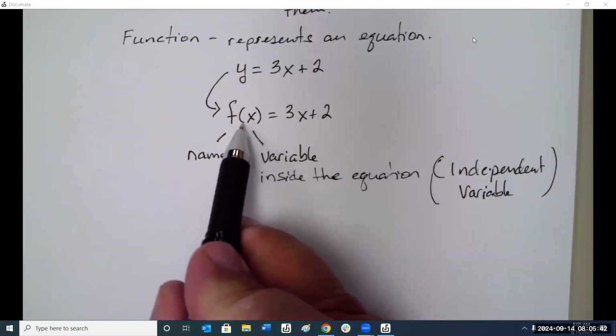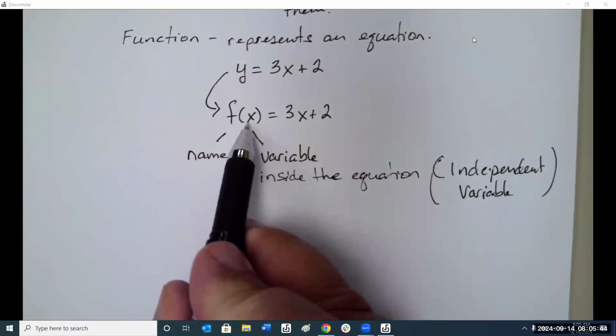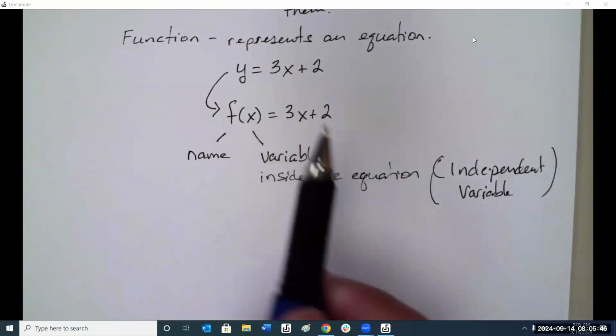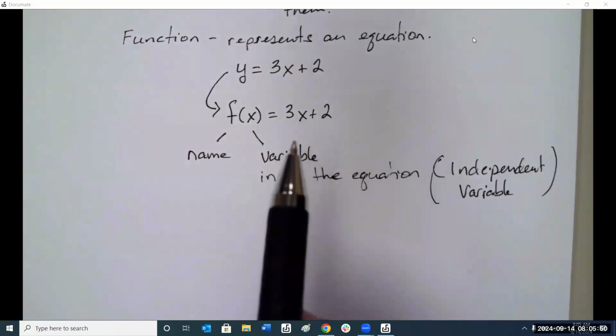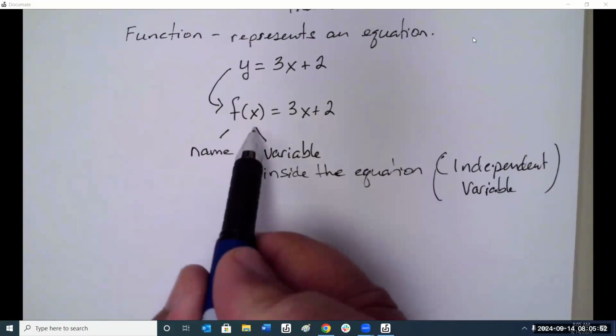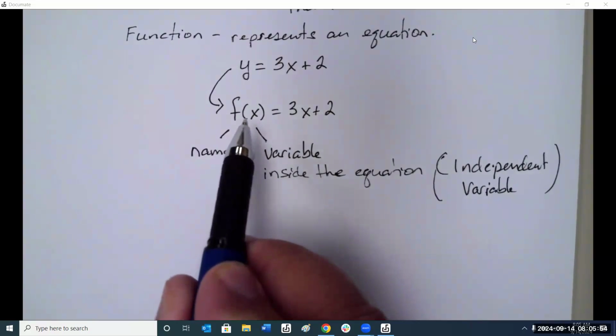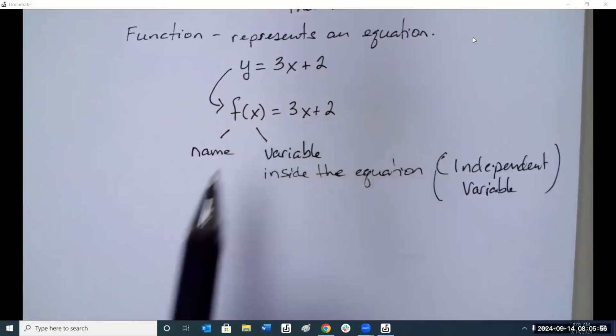So whatever occurs inside this parenthesis is the only variable that belongs inside the equation. Well, not the only variable, it could be other ones, but whatever that one is, whatever number you put in place of that, that's the only thing you replace.